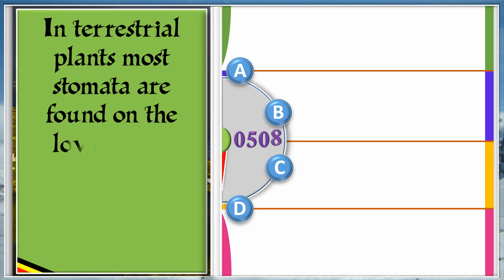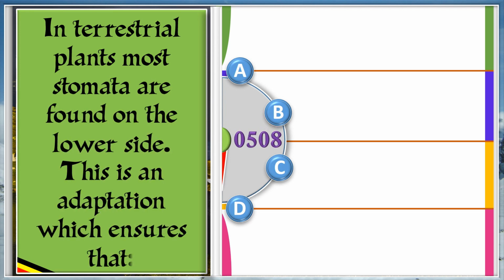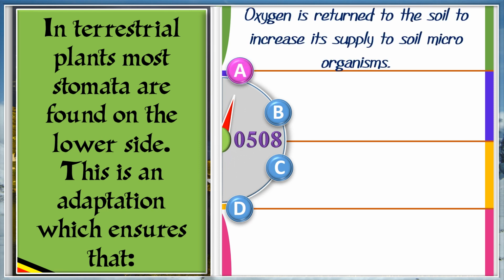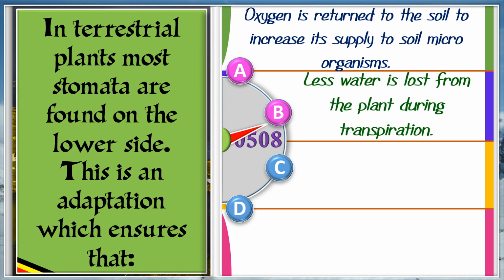In terrestrial plants, most stomata are found on the lower side. This is an adaptation which ensures that A. Oxygen is returned to the soil to increase its supply to soil microorganisms. B. Less water is lost from the plant during transpiration.